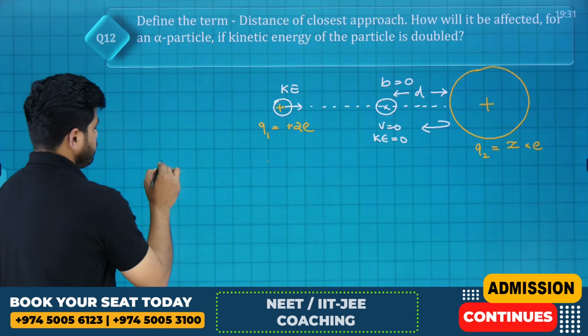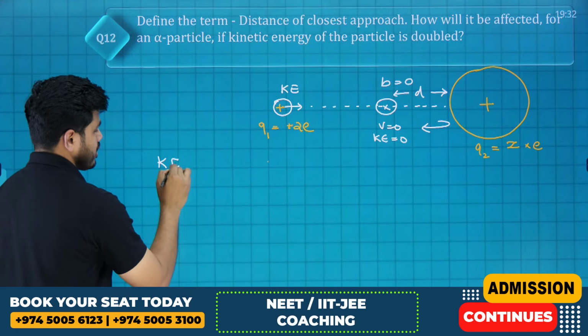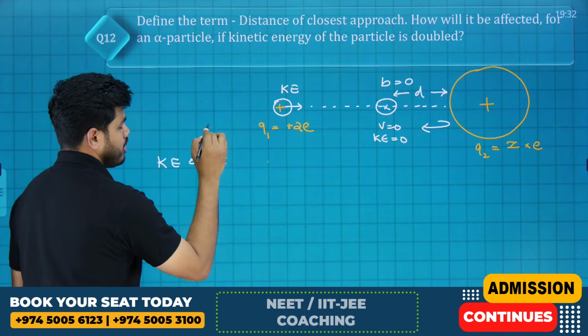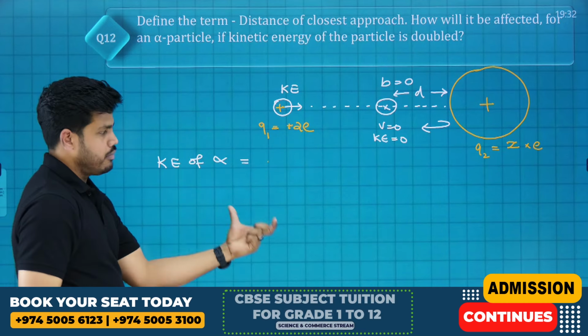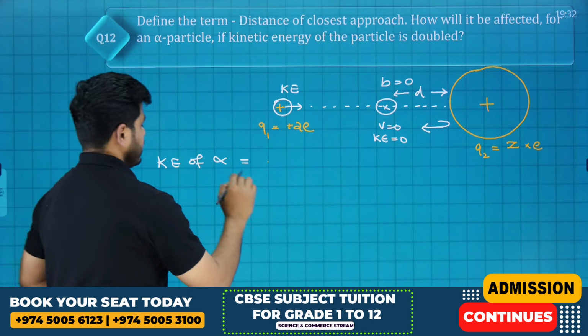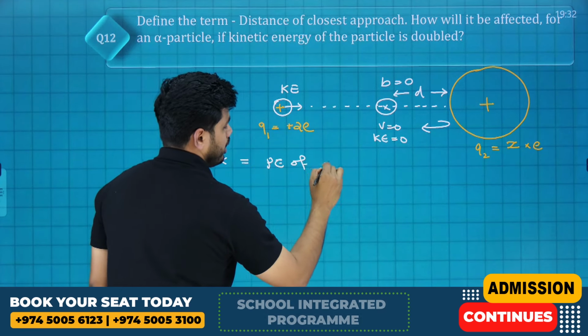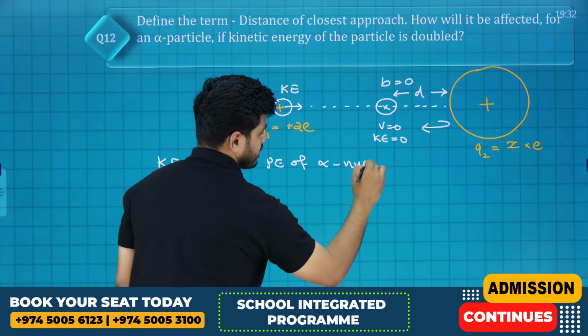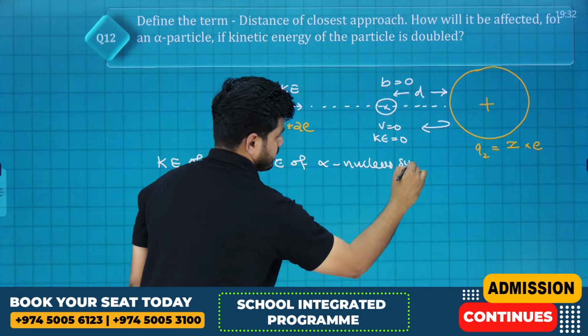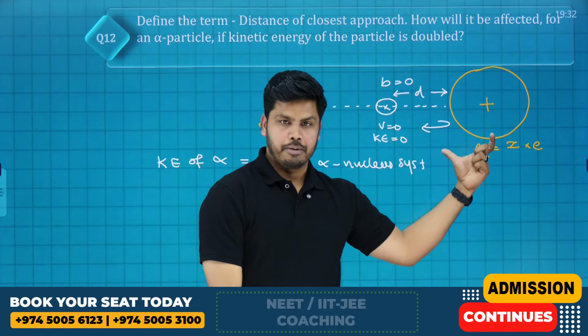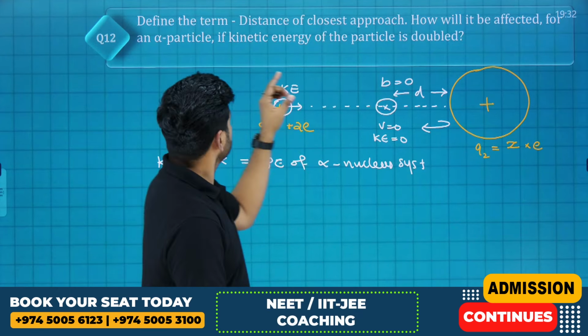So we defined distance of closest approach as follows. We derived that equation by equating kinetic energy of the alpha particle with potential energy of the alpha particle and nucleus system. So this was the concept behind it. How will you define it?